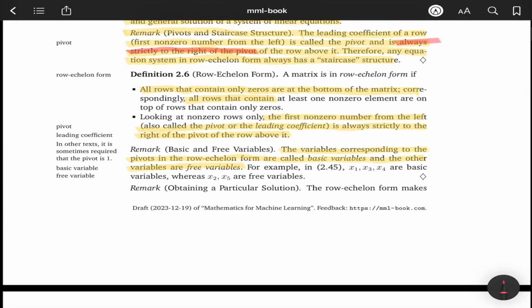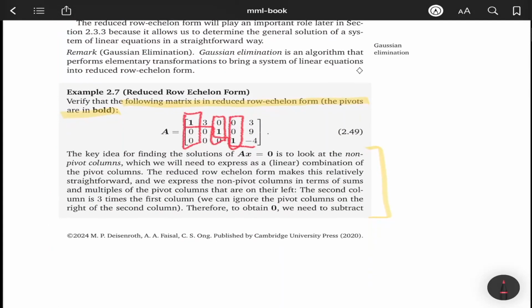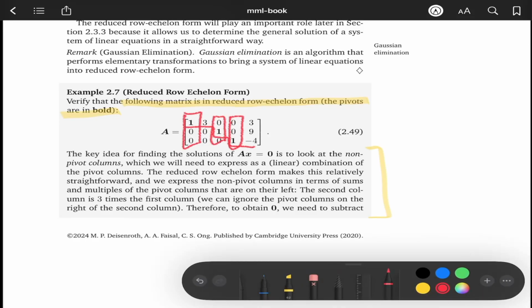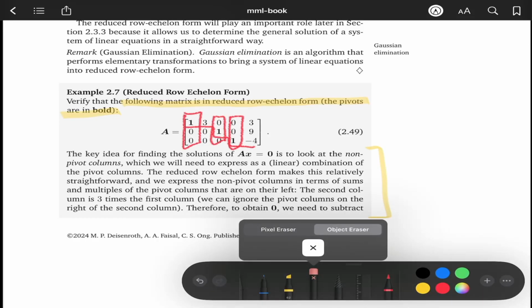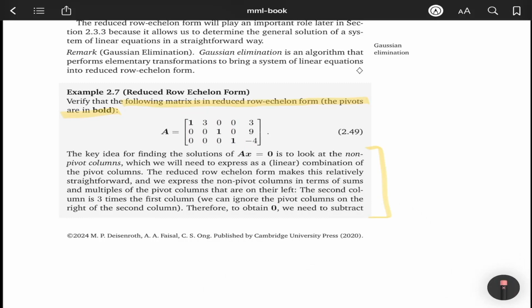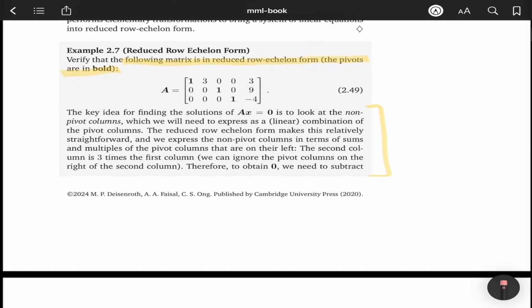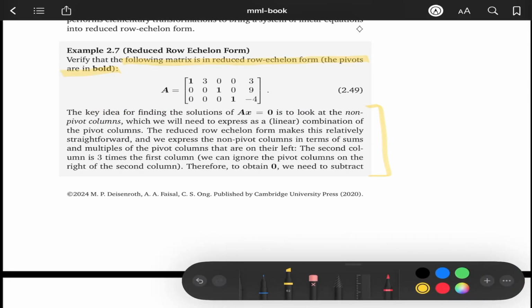The second part, looking at non-zero rows only: the first non-zero number from the left is always strictly to the right of the pivot of the row above. Yes, okay, so it's basically just a staircase form. So I would say yes, I could verify that it is in reduced row echelon form. So let's read the text.